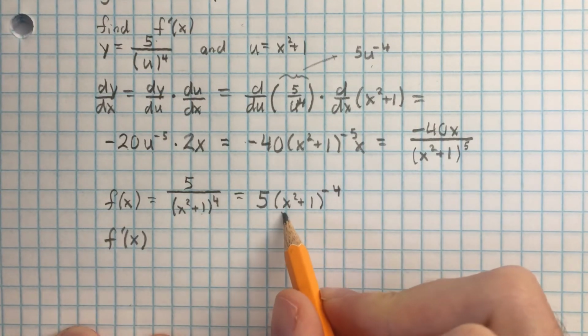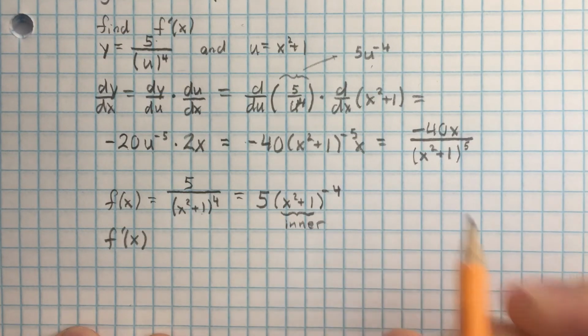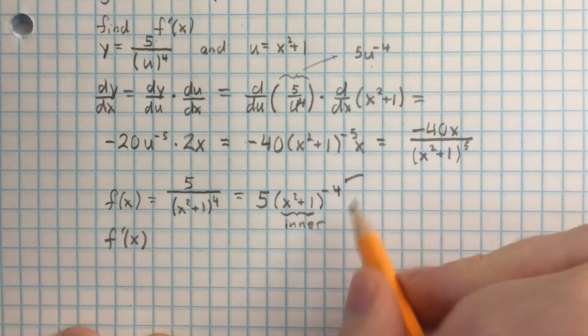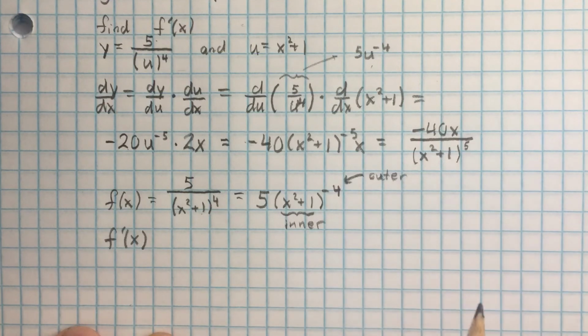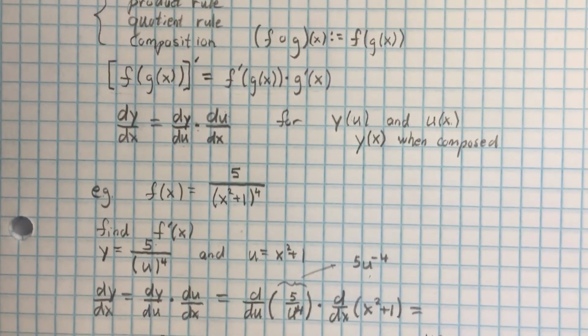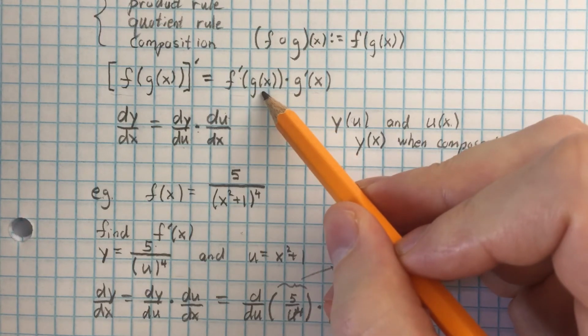But we do see an inner function here, right? There's an inner function, and there's an outer function. The outer function is really the negative fourth power. Two functions, inner and outer. So the rule we had above said you take the derivative of the outer and leave the inner unchanged.